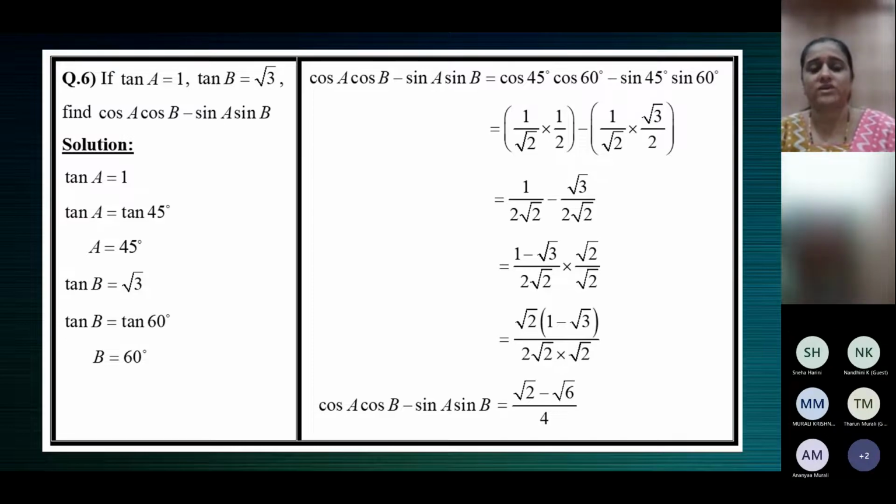Since 1 and root 3 are standard values, we find the measures of angles A and B, and then evaluate cos A cos B minus sin A sin B. Please complete this, children. I'll just get back.